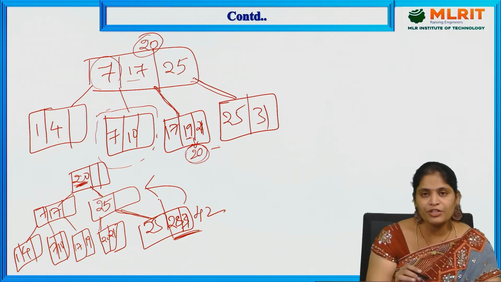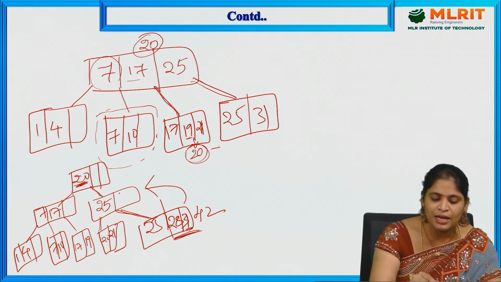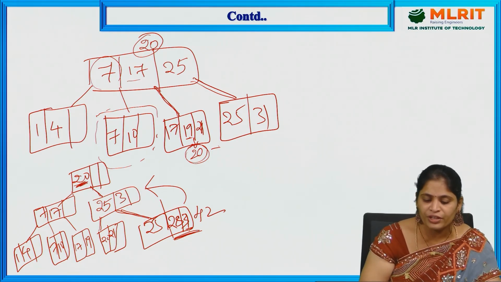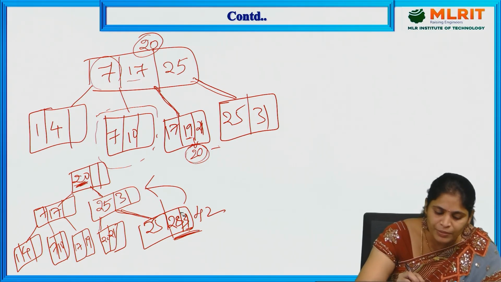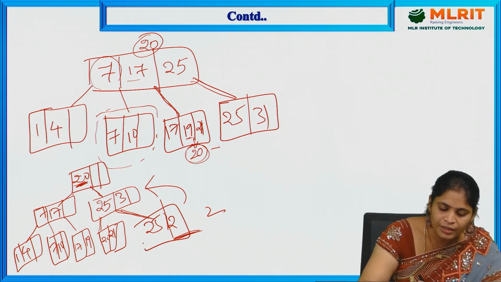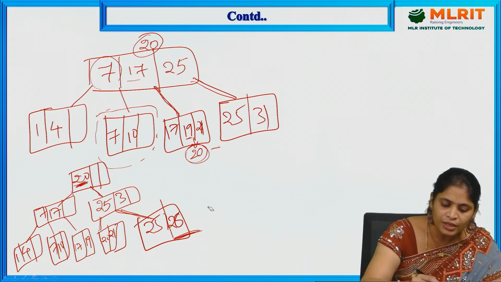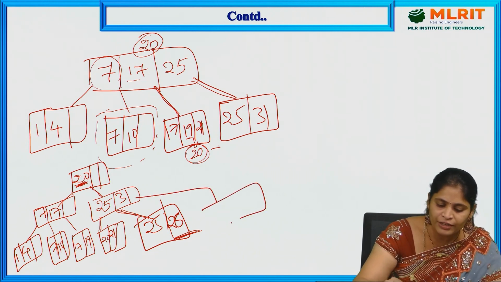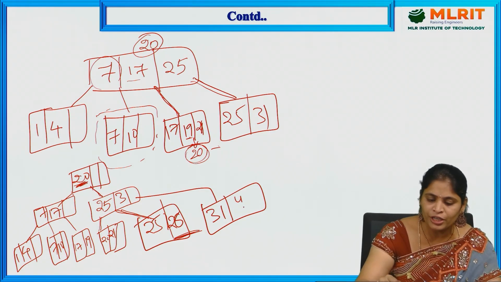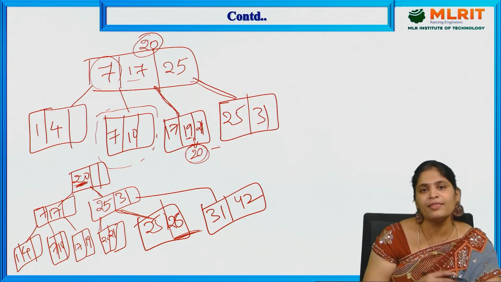We have chosen right biased, so the right element, that means 31, will be moved here. 31 will be moved, and here 25, 28 will be kept, and to the right of 31, 31 and 42 will be inserted. Why? Because 42 is greater than 31.